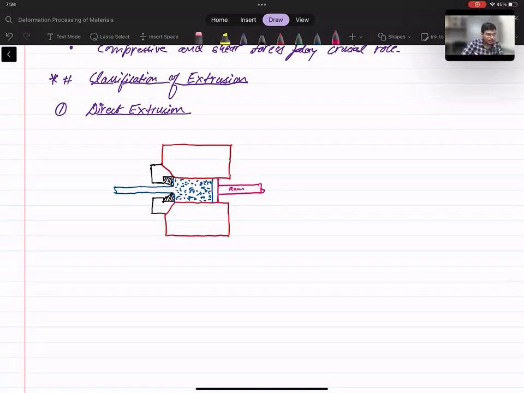Now, upon application of force from here, this ram will press the material, and finally the billet will pass through the orifice and it will get reduced in cross section.